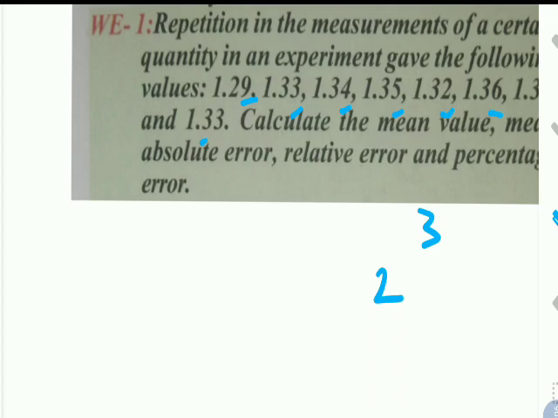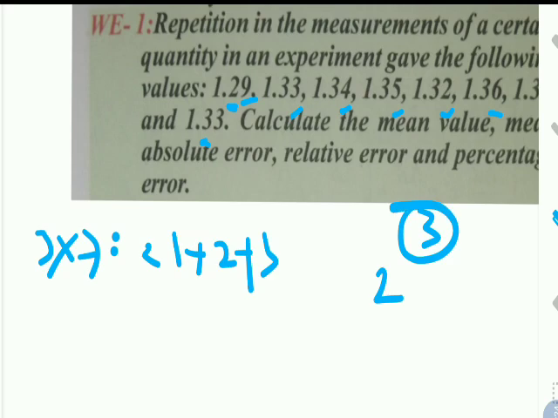So 7 threes, 3 into 7 is 21, remaining 2 plus 2 plus 3, there, nothing but this 3. Total 26.